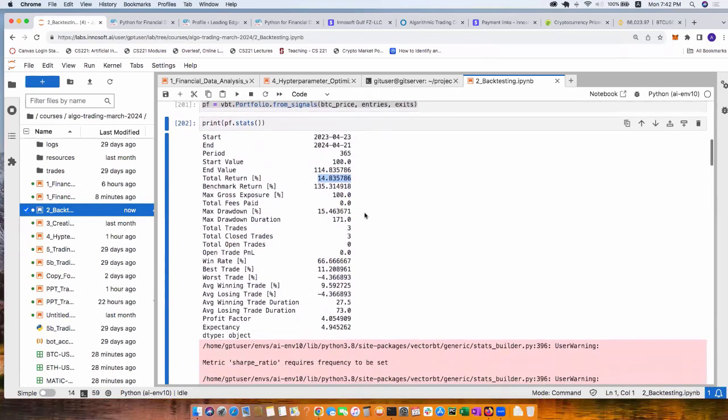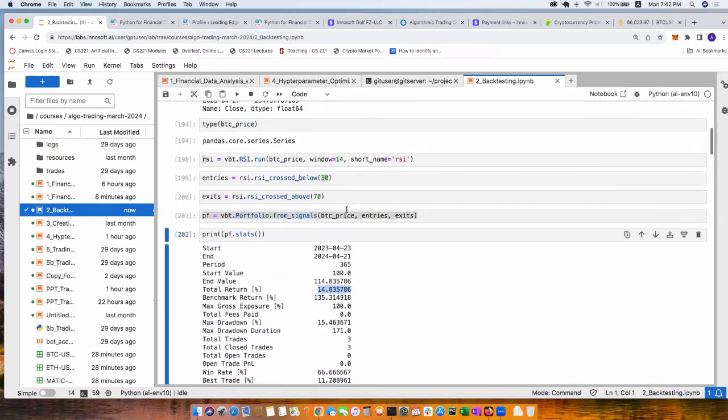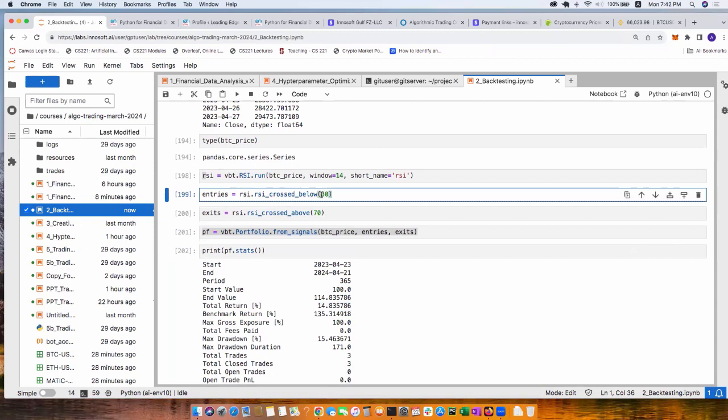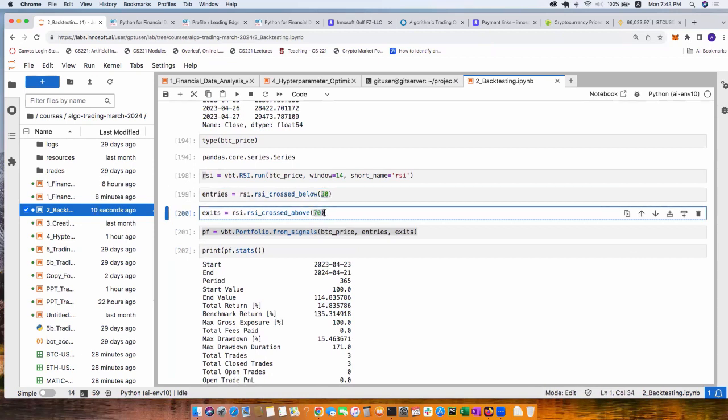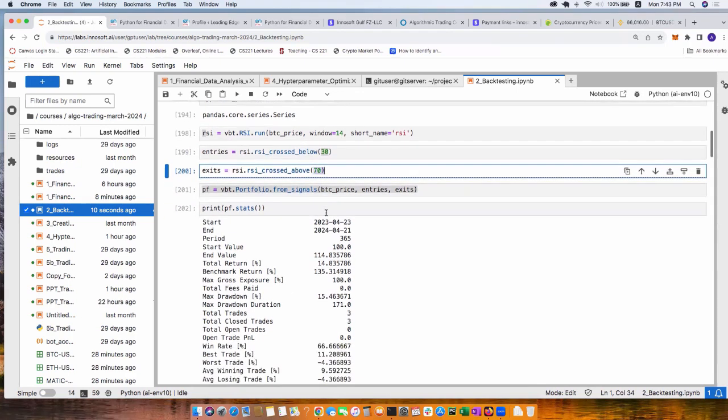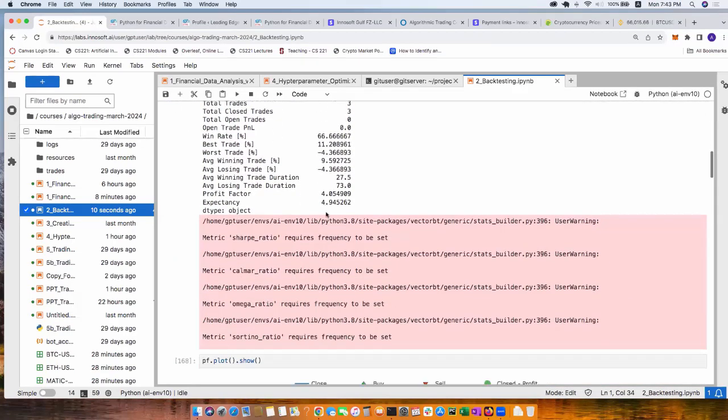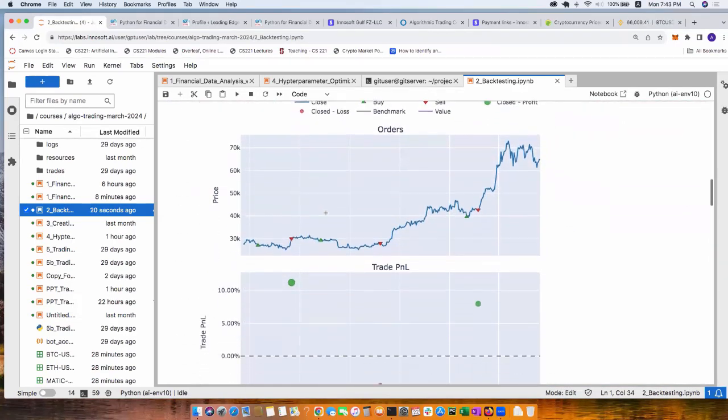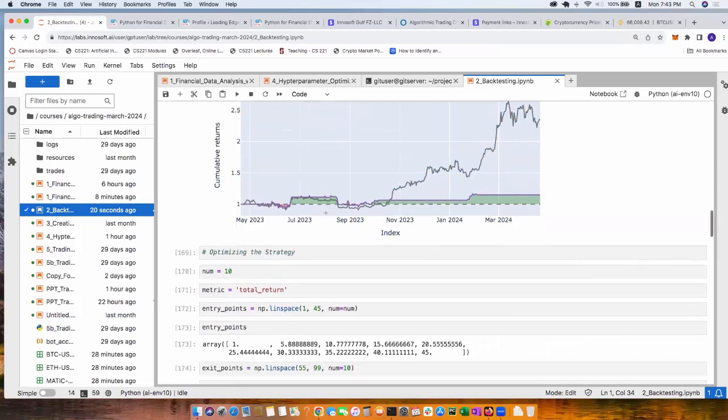One way that we can improve this strategy is to ask a question: how do we know that 30 is the best entry point? And how do we know that 70 is the best exit point? That's why we use a backtesting framework like this one, which enables us to sample values for the entry and exit.